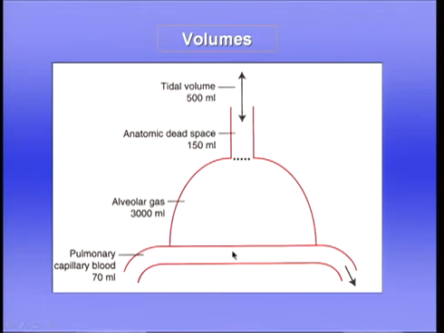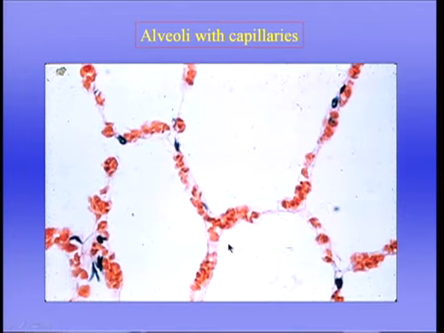And that shouldn't actually surprise us all that much, because you remember when we saw a cross-section of alveoli with their capillaries, what we saw was mostly gas. Here's the alveolar gas, here's the blood, and obviously the volume of the blood is very much less than the volume of the gas. And this has to do, incidentally, with the fact that diffusion rates in the gas phase are much faster than diffusion rates in the liquid phase here.